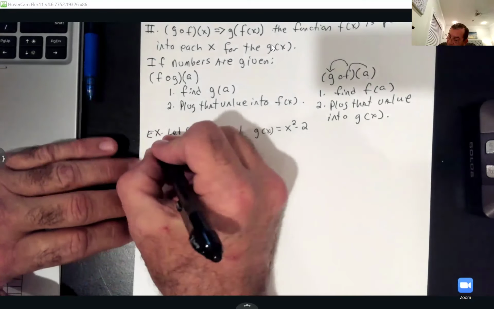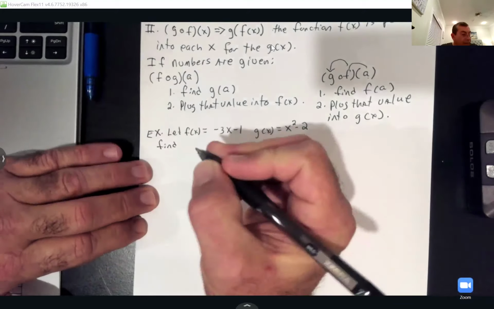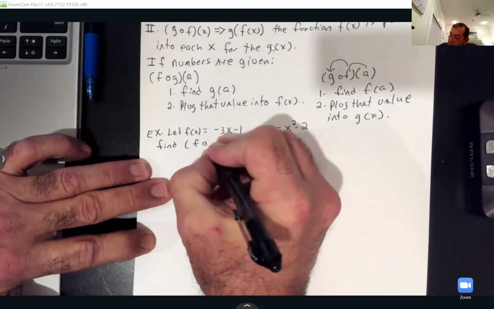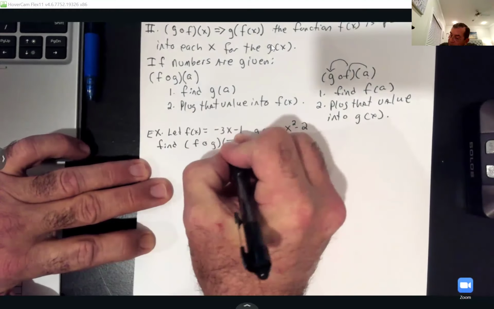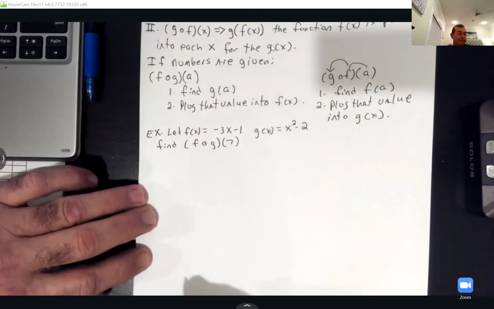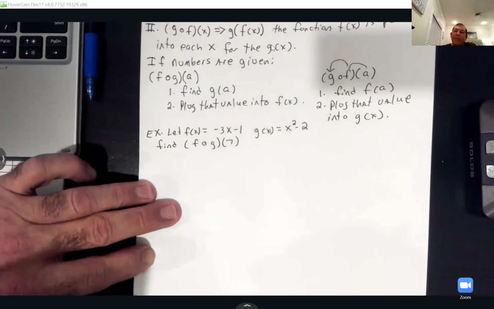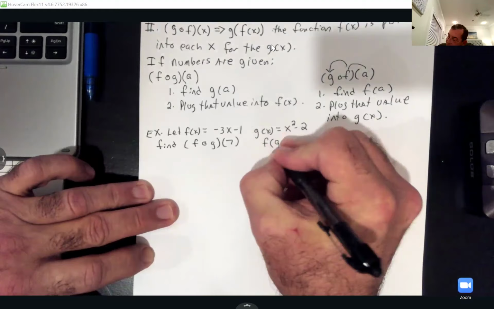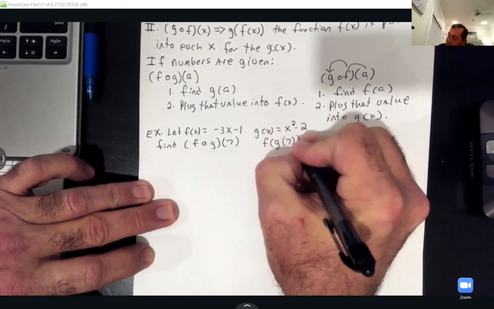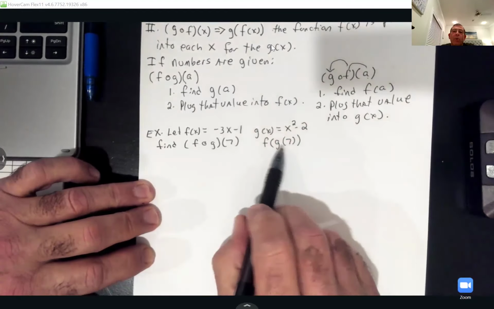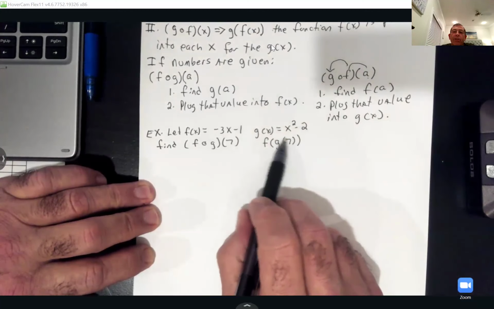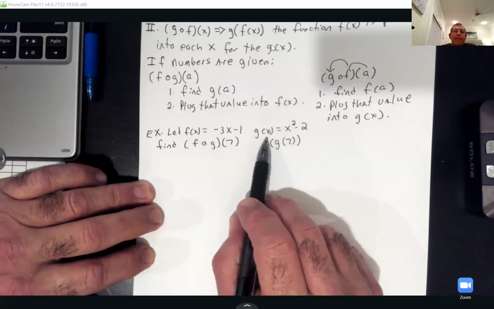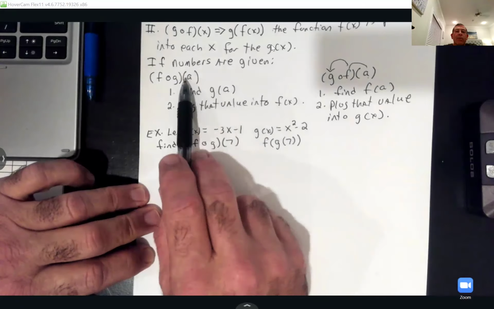So what they want us to do is find f compose g of 7. So remember, this would be like f of g of a, which is 7. So work it like order of operations. Work the g of 7 first, get that answer, put it into the f.